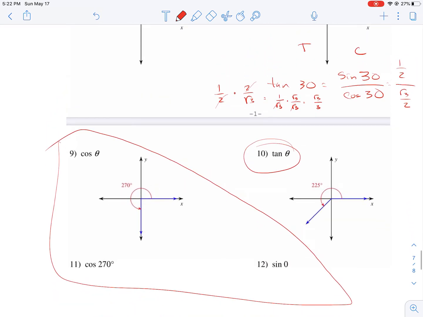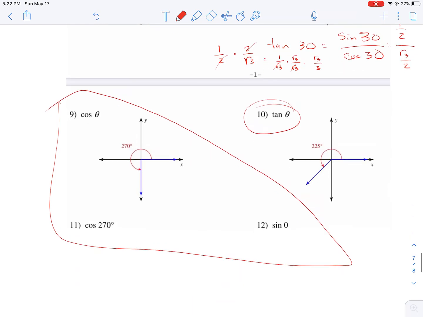Okay, so the tangent of 225. What's nice about 225 is its reference angle, if you recall, is 45 degrees. So we're looking at the tangent of 45 degrees, which is equal to the sine of 45 degrees divided by the cosine of 45 degrees.